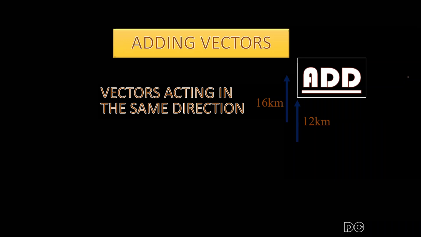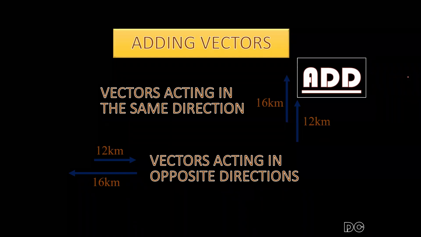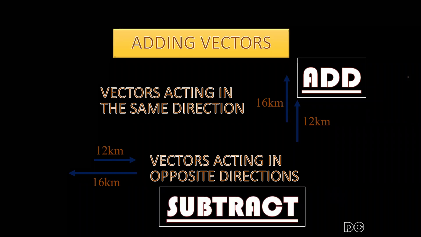But what if they are in opposite direction? For example, in this case, 12 kilometers moves towards the right and 16 kilometers moves towards the left. Okay, so if they act in opposite directions, then what we need to do is to subtract their magnitude, and then copy the direction of the larger magnitude or the larger vector.